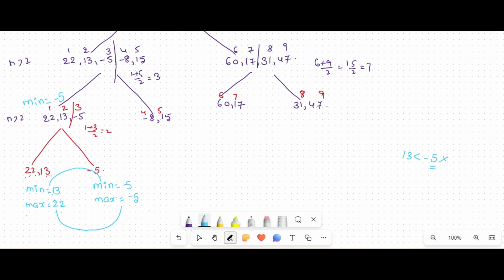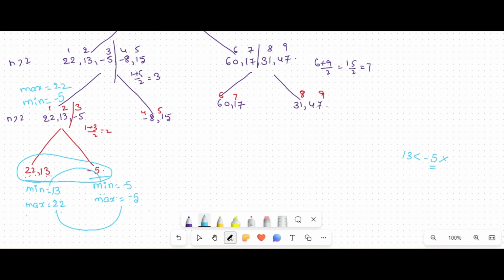Which one is maximum? 22. So maximum equal to 22. So sub-problems solution completed. Then we combine these two. So here now these are the maximum and minimum elements from these three elements.